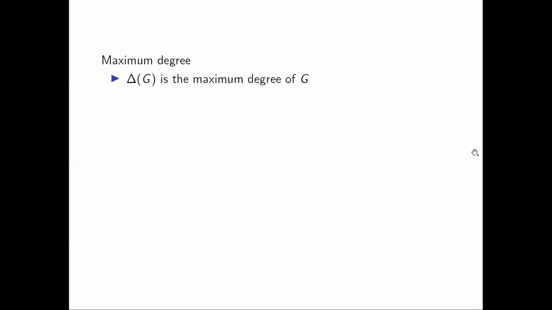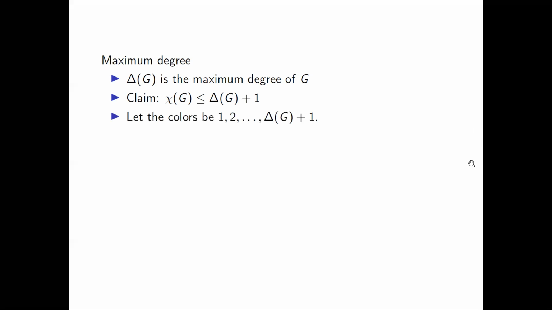We'll write the maximum degree as capital delta of G. And our claim is that the chromatic number is at most the maximum degree plus 1. In order to prove this, we will use a greedy algorithm. We'll name our colors 1, 2, 3, up to the maximum degree plus 1.